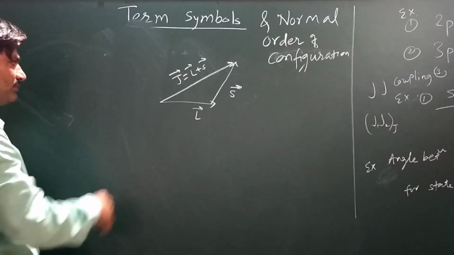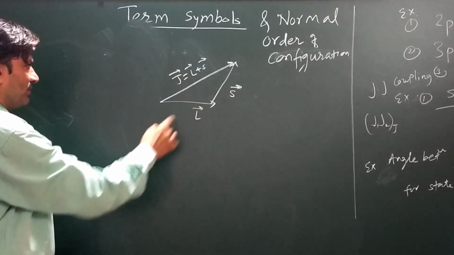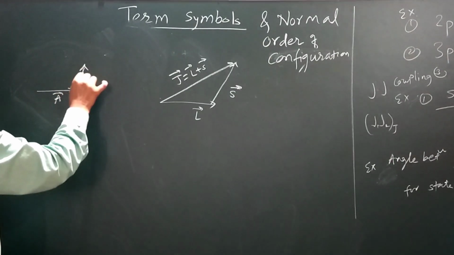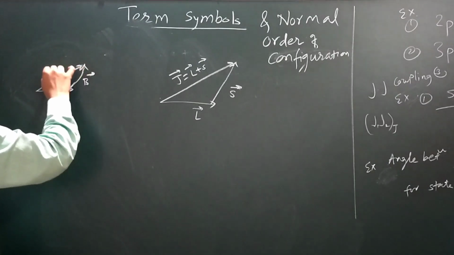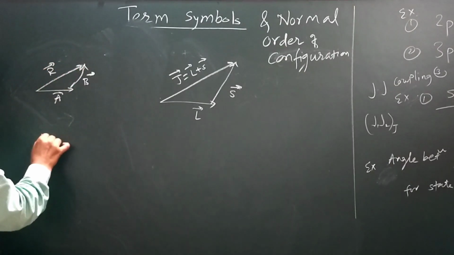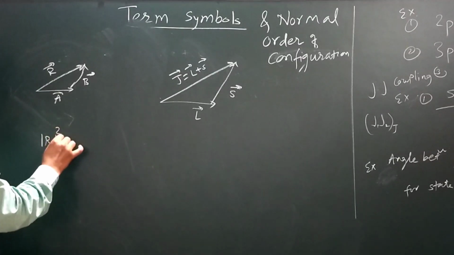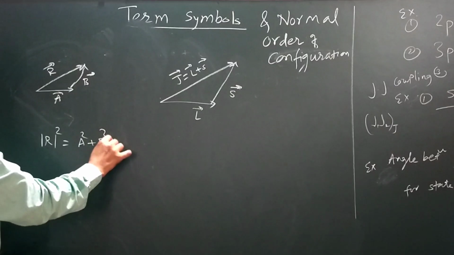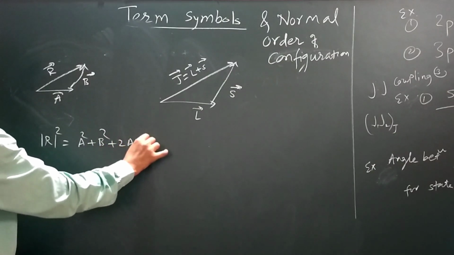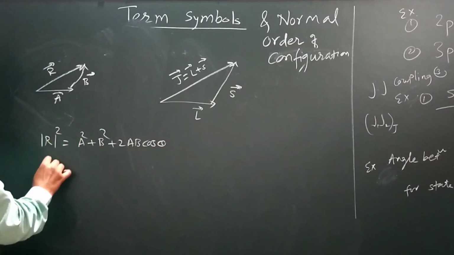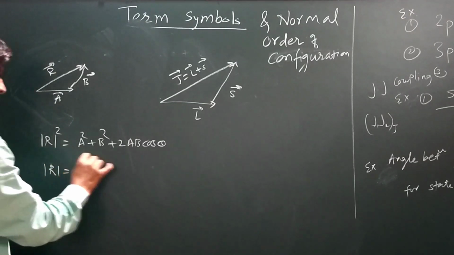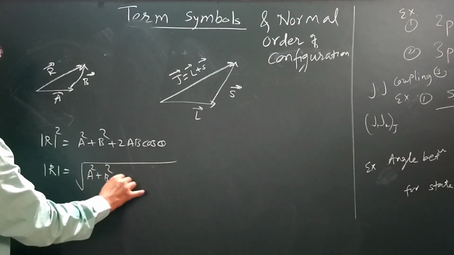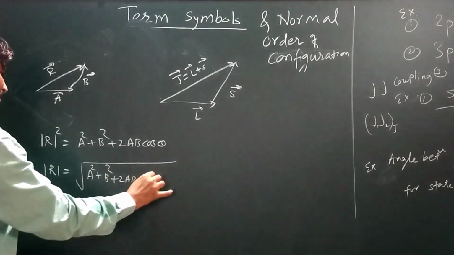In magnitude, if it is the A vector, the B vector, and the R vector, then the magnitude of R squared is A squared plus B squared plus twice AB cos theta, or R is the square root of A squared plus B squared plus twice AB cos theta.